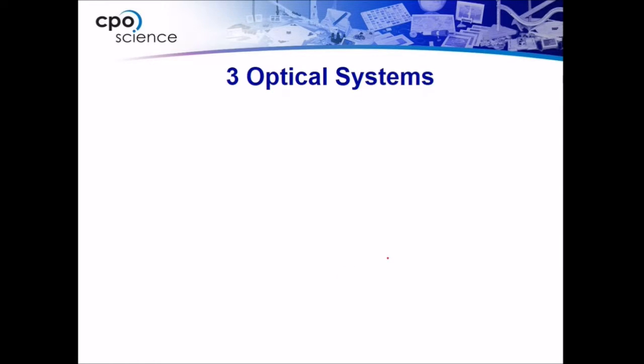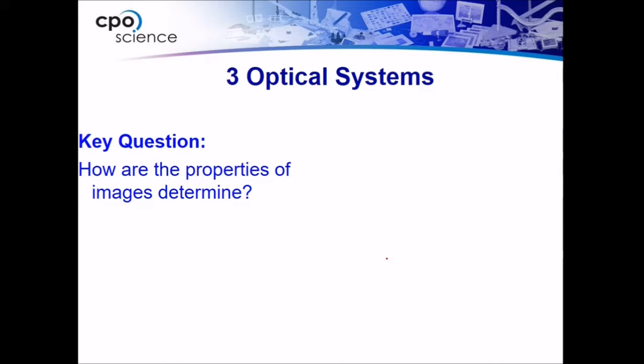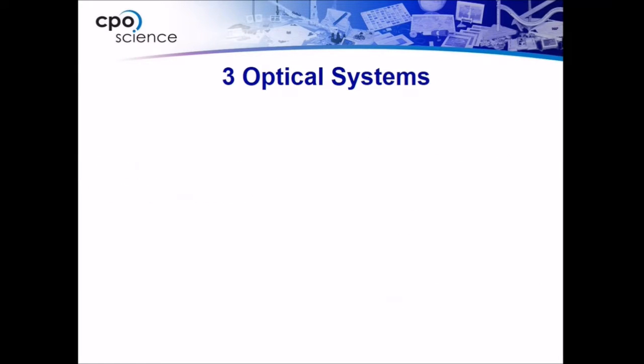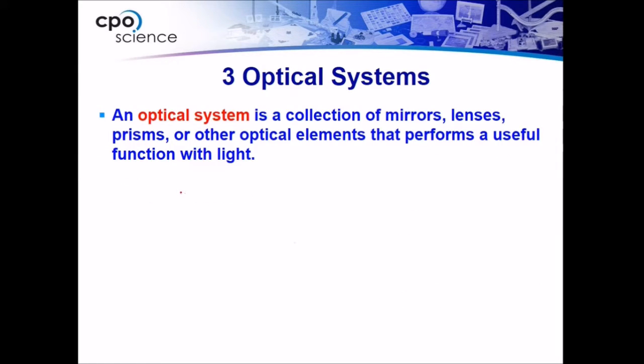Coming to optical systems, how are the properties of images determined? This is the digital camera. This is the CCD image sensor. An optical system is a collection of mirrors, lenses, prisms, and other optical elements that perform a useful function with light.